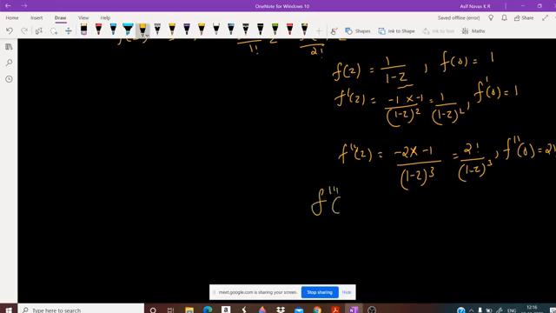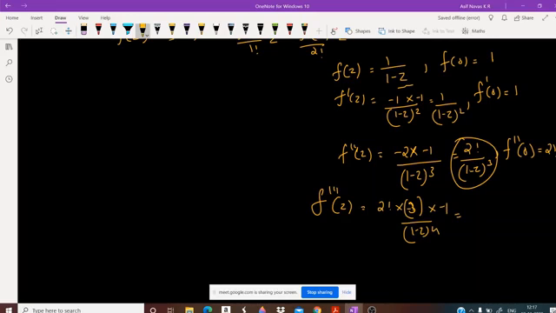Similarly, f triple dash of z, if you find again the derivative of this, 2 factorial you can take outside, into the derivative of 1 minus z cube, which is minus 3 divided by 1 minus z raised to 4 into minus 1.